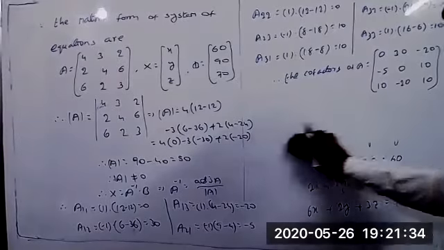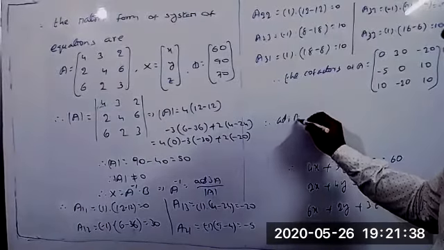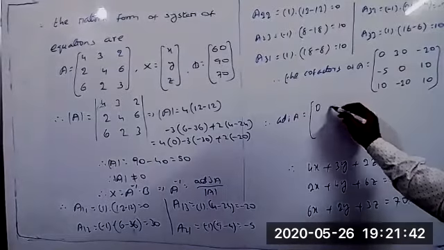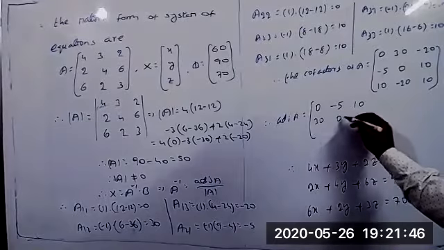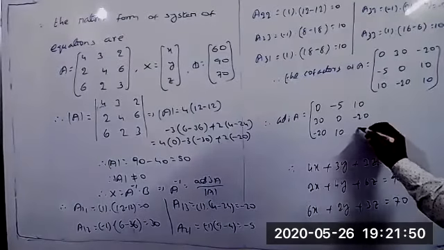Therefore, adjoint A equals the transpose of the cofactors of A, which is 0, minus 5, 10, 30, 0, minus 20, minus 20, 10, and 10.